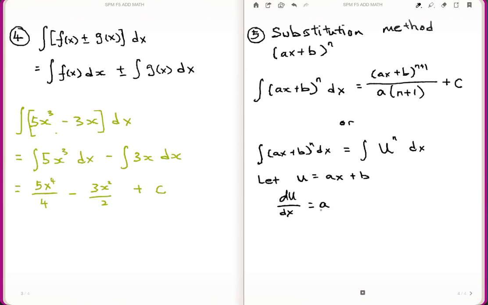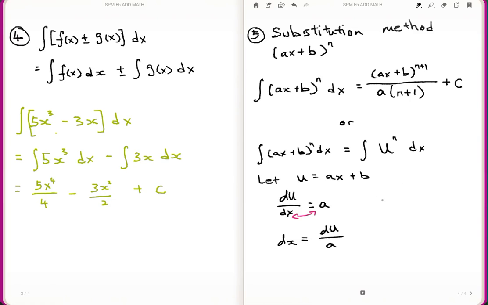And then you'll be able to find out what dx is. You substitute into this equation. Dx would therefore be du over a. Bring it up, bring it down. This is what you get. So then you substitute into the equation here.